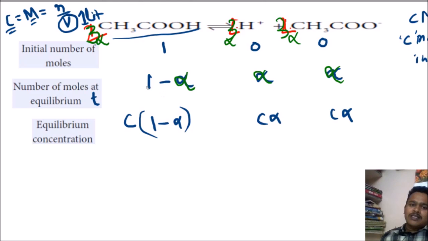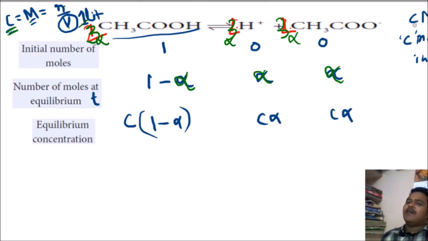So it is for 1 mole. In numericals, they can ask for any moles, so I will take a concentration. Concentration we study in terms of molarity, which means number of moles per liter.